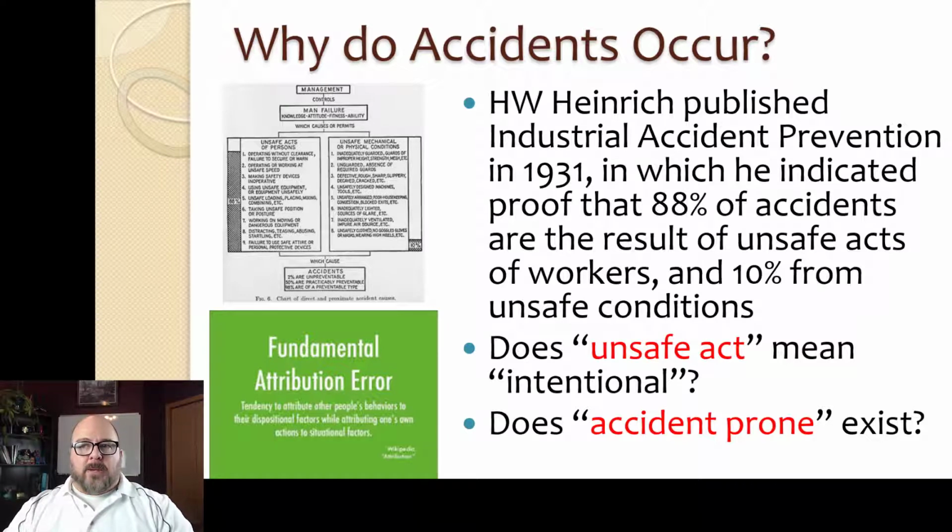It's likely that the people who did the accident investigations for those reports had a natural tendency to blame the worker. We feel that the unsafe act was intentional. They full well knew what they were doing. They made that decision, and they knew they were going to get hurt. So we blame them. I don't think that's the way things are.